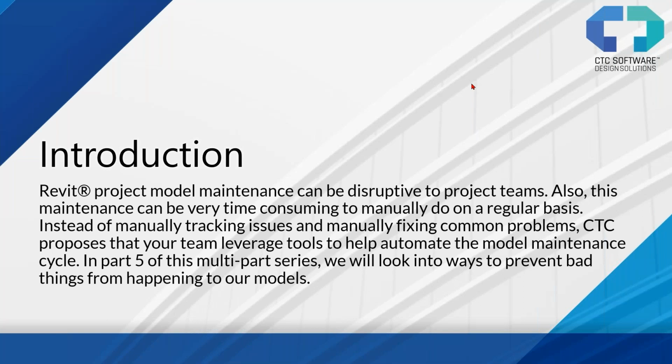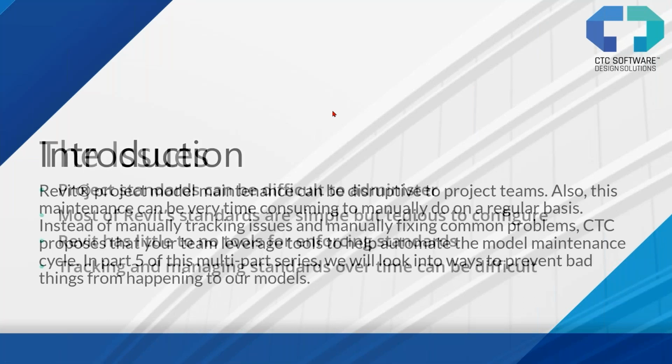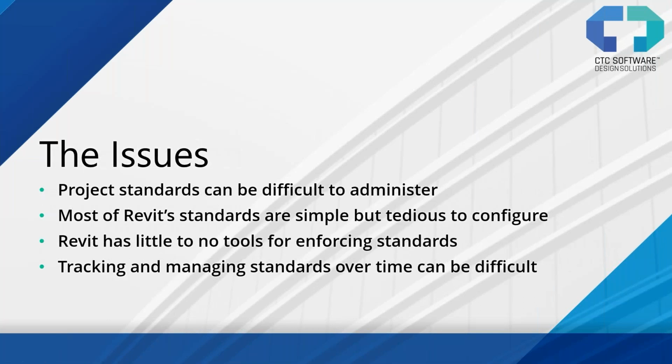So today we're going to show you everything else and a couple of the tools to help with preventative maintenance. As a recap, project standards can be difficult to administer and to set up, outside of a template.